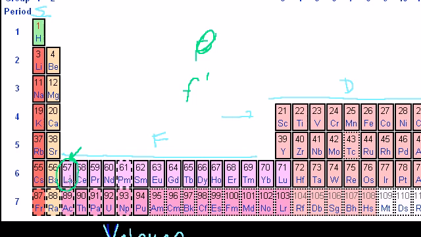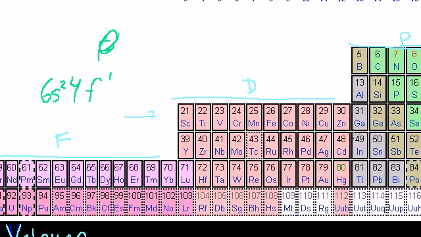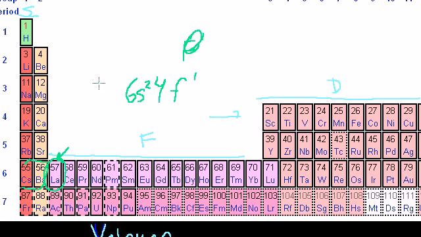And this is the 6th period, but with the F block, you subtract 2. So it'll be 4f1, and then 6s2, right? The S block, you just look at the period, 6s2. And then if you were to keep going back, you would then go to 5p6.